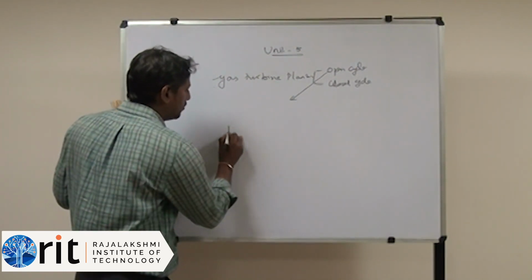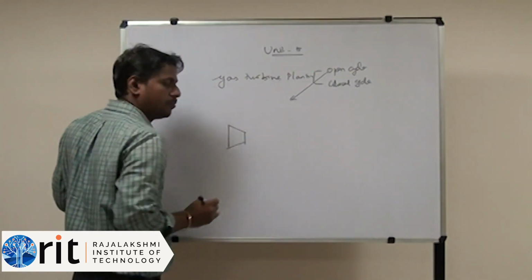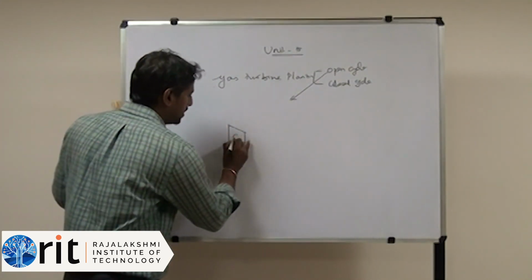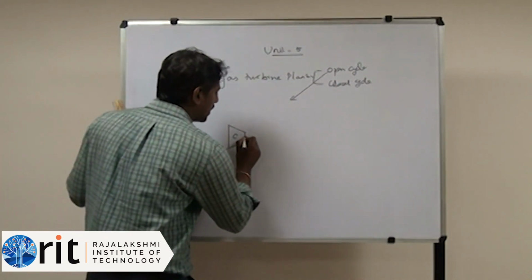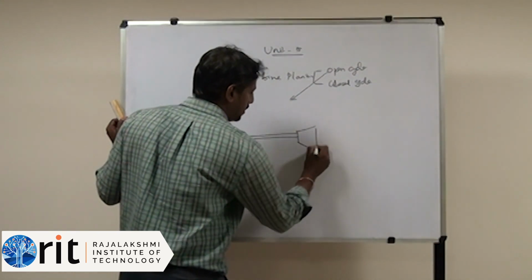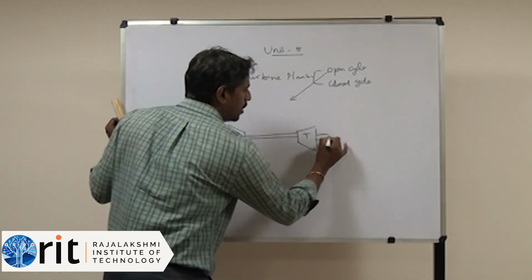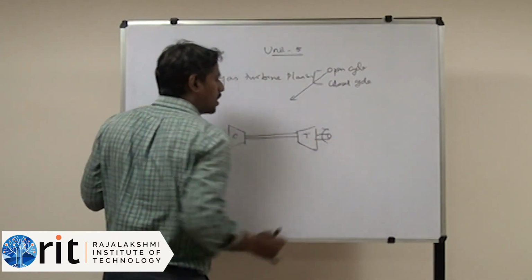It consists of three major components. One is the compressor, which is coupled with the turbine on the same shaft. This is the turbine, from where we are going to produce the work output.